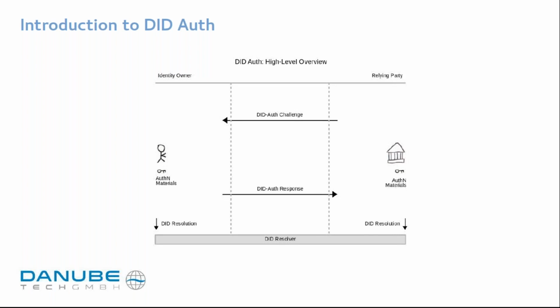Okay, I'll start with the second question. Given the DID, how do you get the DID document? That's a process called DID resolution, and we could do a separate webinar on that, because that's also a really interesting topic. But you need the DID, and given the DID, you can find the DID document. How exactly that works depends on the individual DID method.